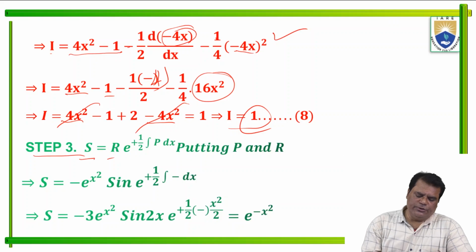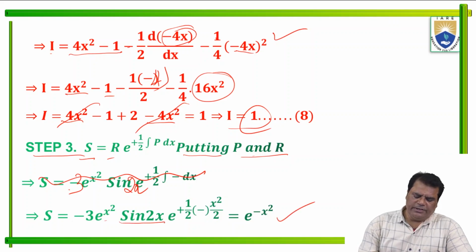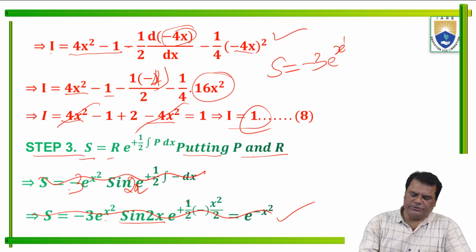Step 3: s equals r e to the power plus half integral p dx, putting the values of p and r. So r is 3 e to the power minus x squared sin 2x, and e to the power plus half integral of minus 4x dx.